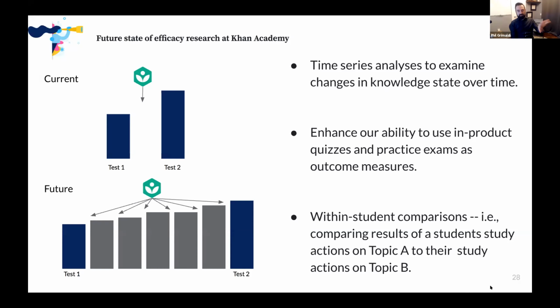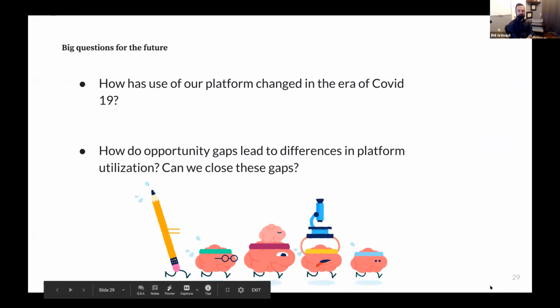So a particular student engages in a particular behavior for one topic and a different set of behaviors for another topic, and then we compare the outcomes from those two behaviors. That gives us a much richer view of what's actually driving learning. Cody, go ahead and advance to the next slide.